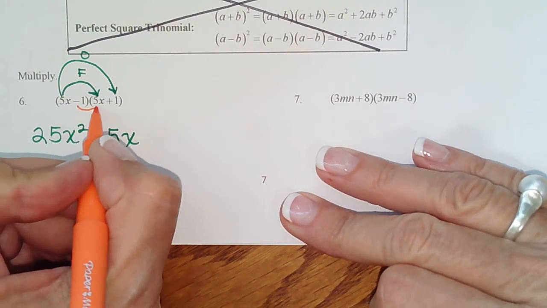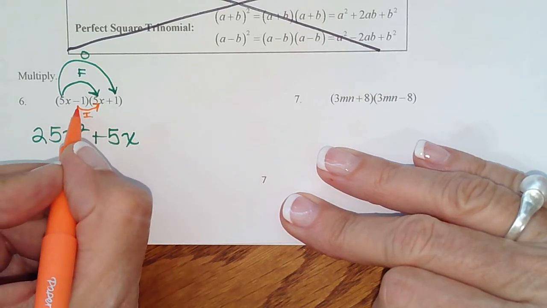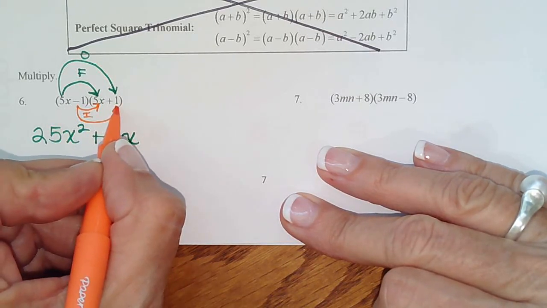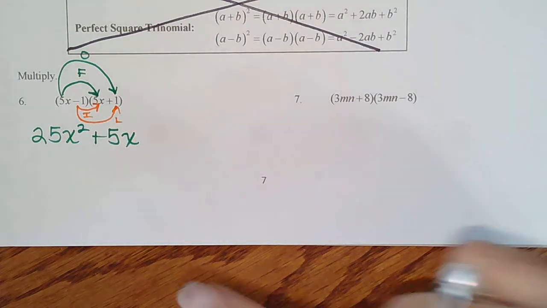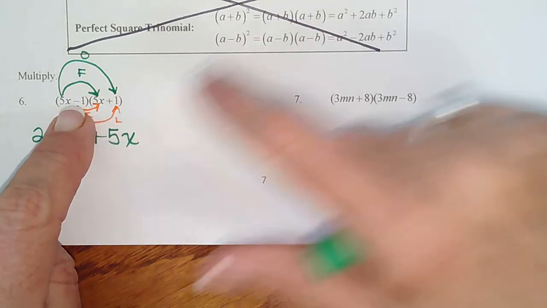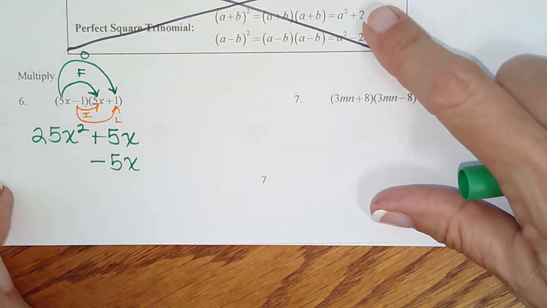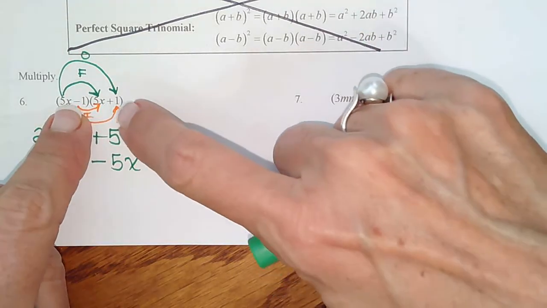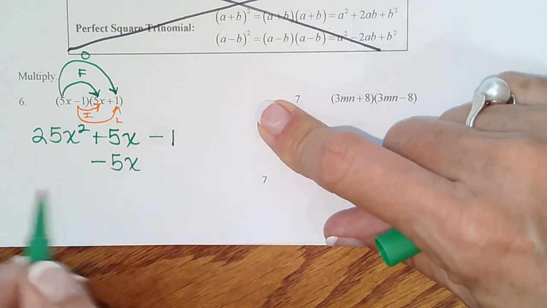Inner by inner, this is inner, and then last by last, L. So inner by inner, negative 1 times 5x is negative 5x. So put it underneath its like term. And last is last times last. A negative 1 times a positive 1 is negative 1.